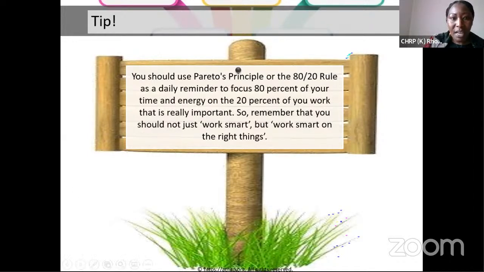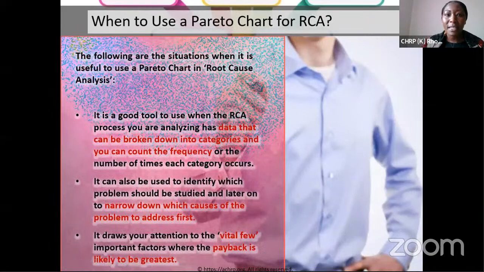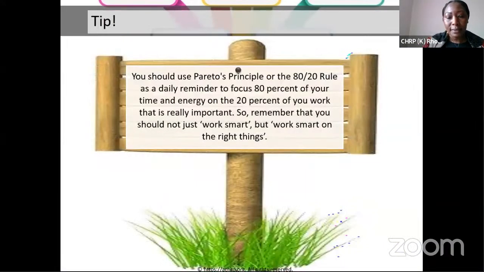Let me take comments as we move on to explain why we use Pareto charts for root cause analysis. We'll rush through them and just see the key points. Any question? Clarity? Let me get a signal. We continue. I'm looking at the chat.